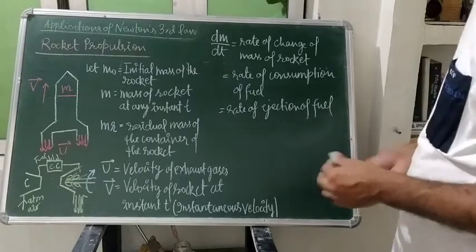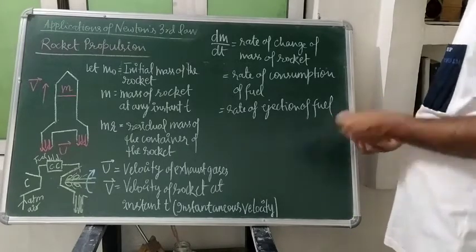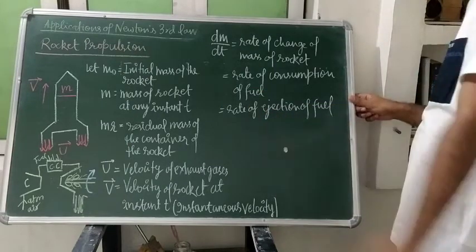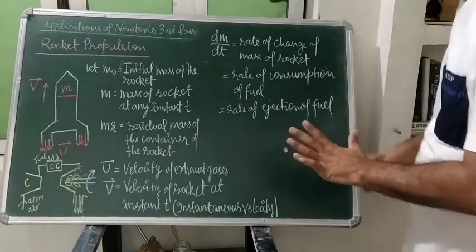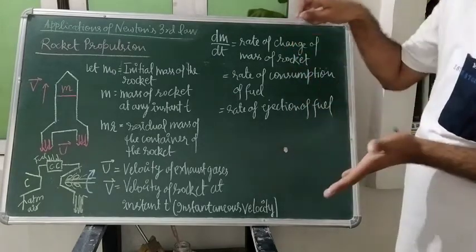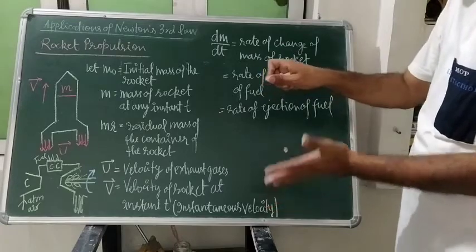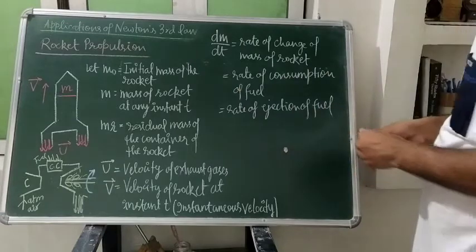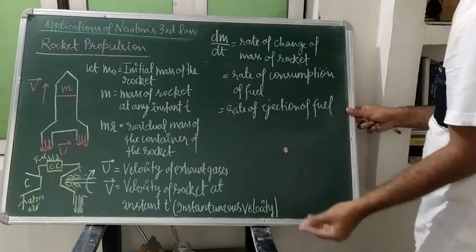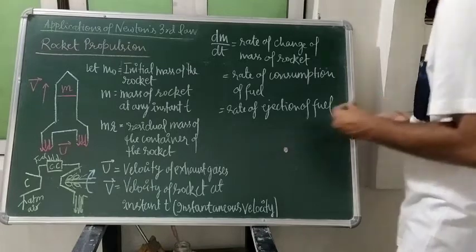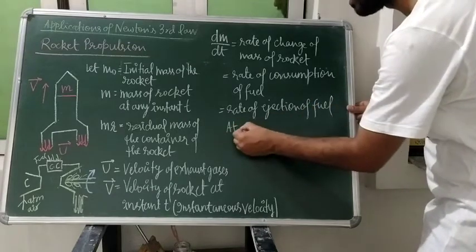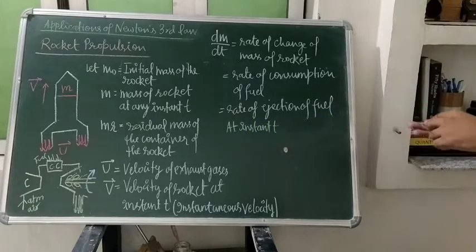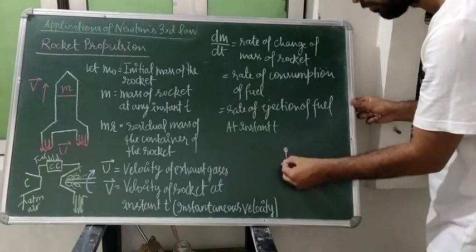So students, what are the different forces which will act on the rocket at a particular instant of time t? We are choosing a fixed time we are looking at, and our rocket is still, there is no movement in the rocket. It is not accelerating at that time, you can say. So at any instant t, what forces will act?